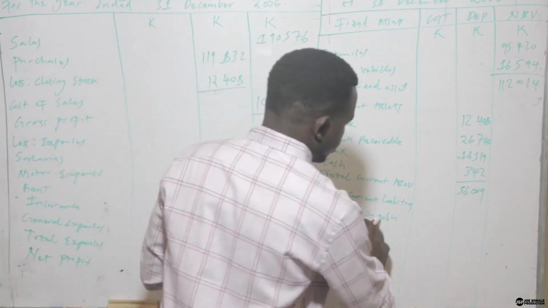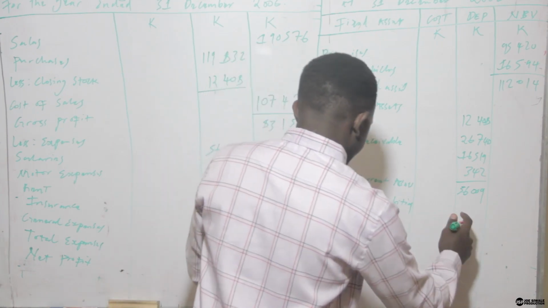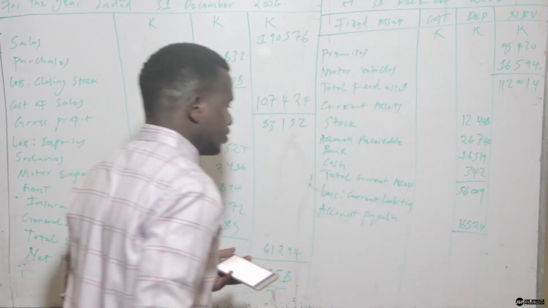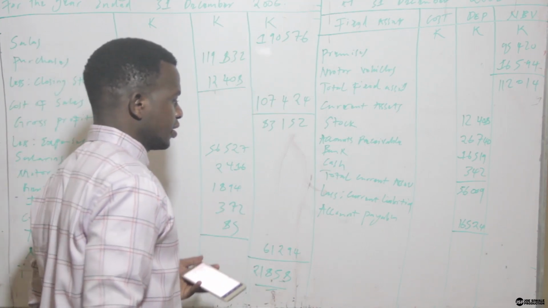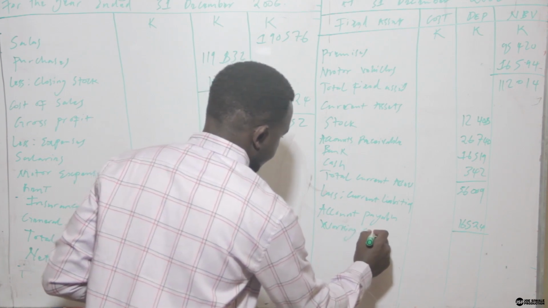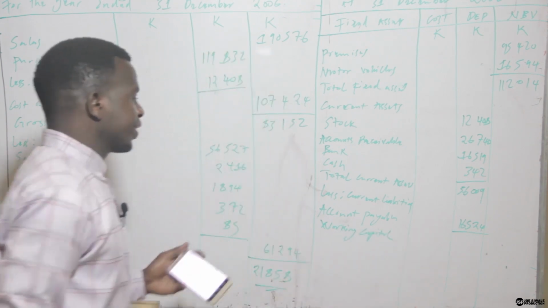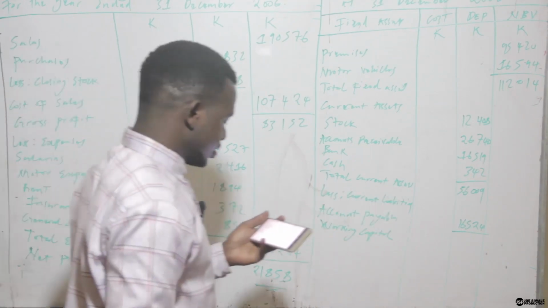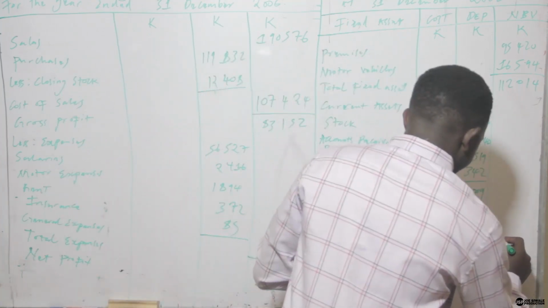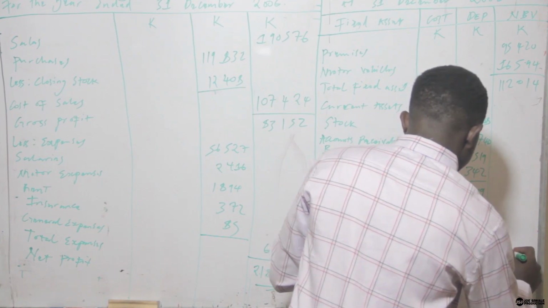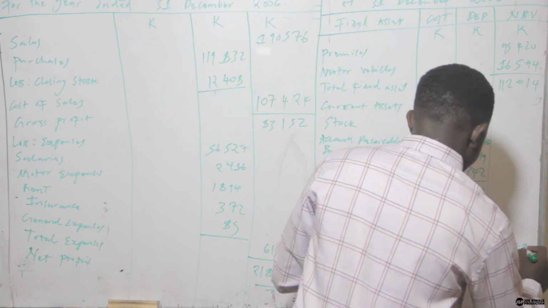That means that we're going to record it here direct, and that amounted to 16,524. And finding the difference there, we're going to find the working capital. So to find the working capital, we're going to say total current assets minus the current liabilities. And the answer there, we're going to have 39,485.